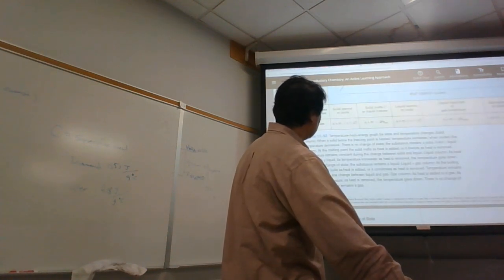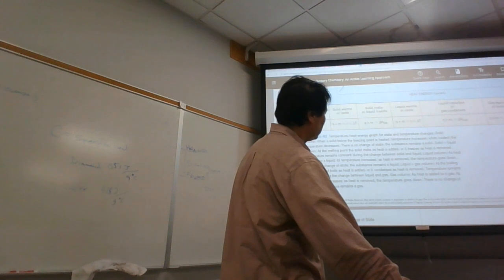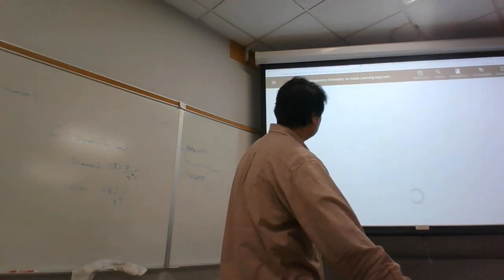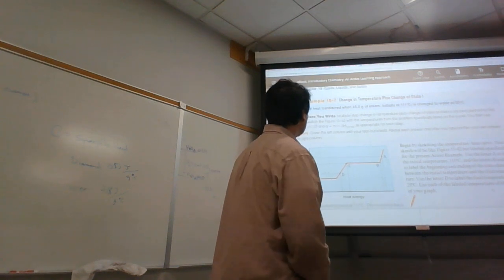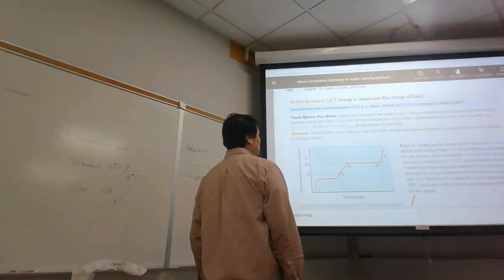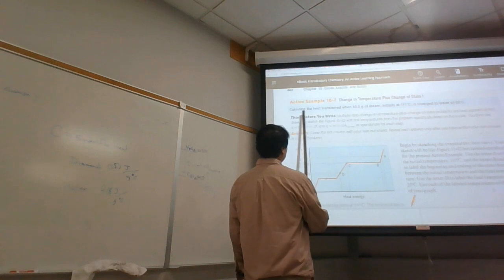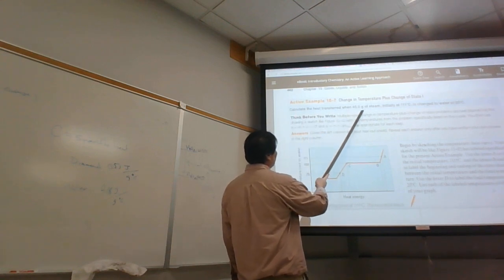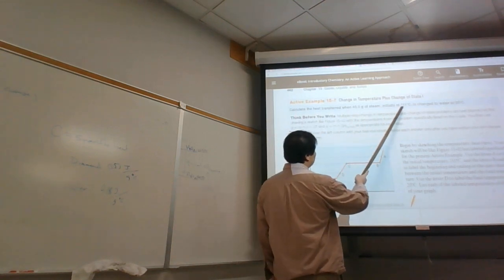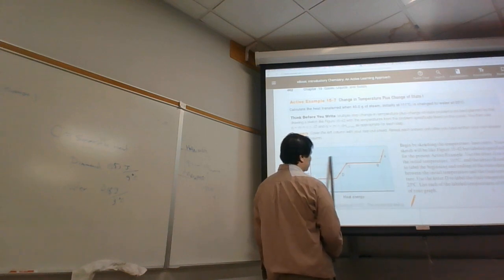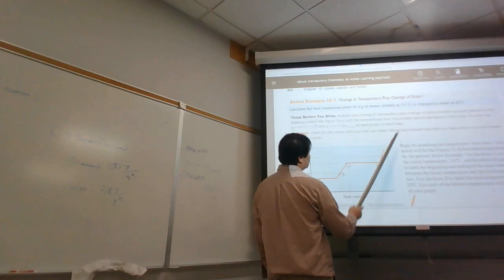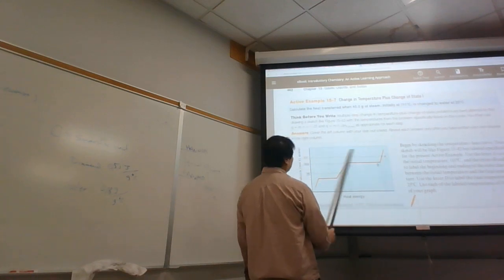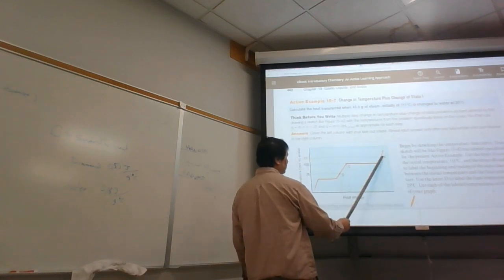Okay, so let's take a look at the problem here. Calculate the heat transfer when 45.0 grams of steam initially at 111 degrees C is changed to water at 25 degrees C. So we're going to cool the steam.